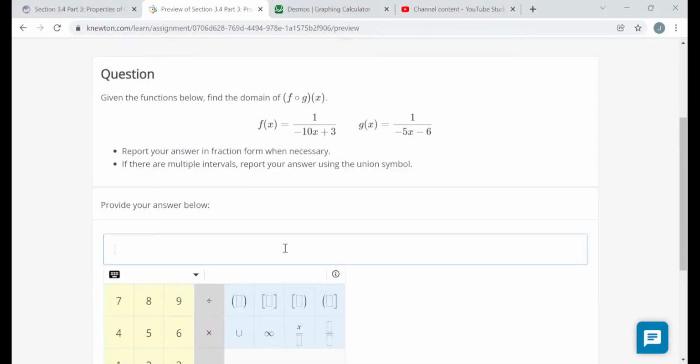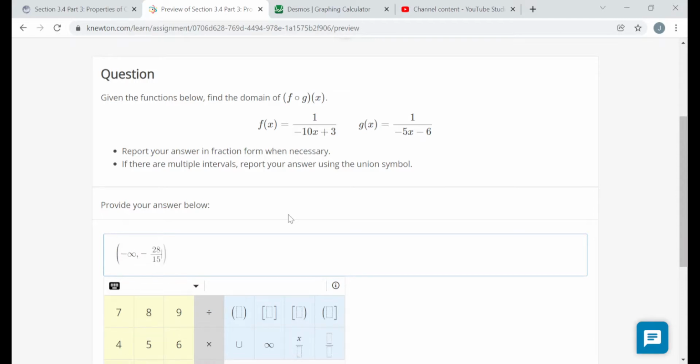So we have in parentheses, right, from negative infinity up to, comma in there, negative 28/15, and close the parentheses on this, and then we got the union symbol here, and then from negative 28/15, comma, up to negative 6/5, and again parentheses on that.